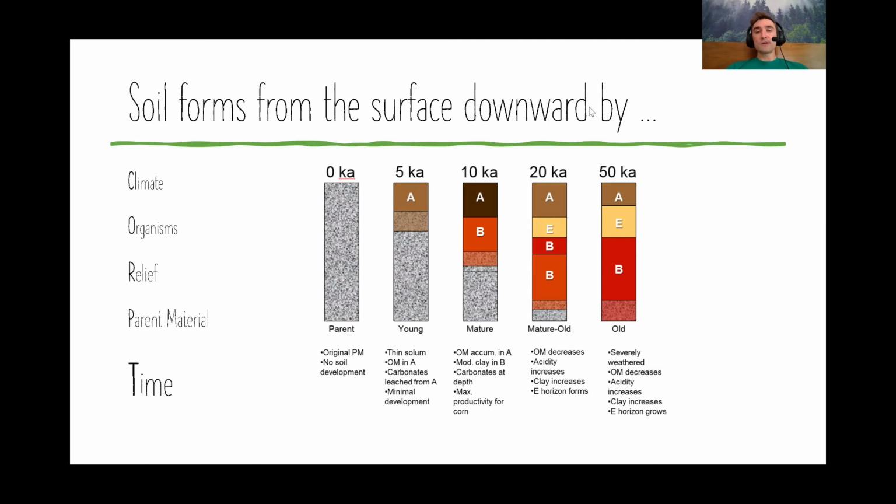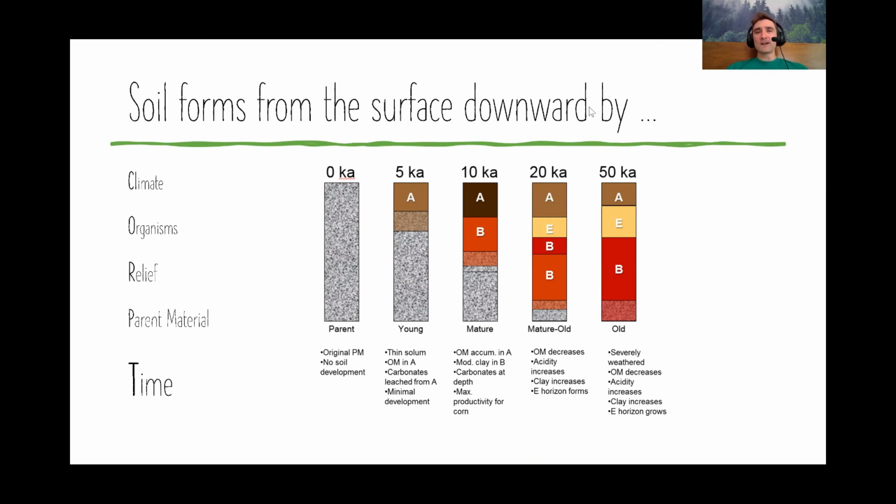A mature soil will have a very distinct A and B horizon. And so the A will have an accumulation of organic matter. That's, of course, our topsoil. And this is actually our most productive soil for growing plants, because it's old enough to have enough substrate and material, but it's not so old that it's been weathered and leached of all of its minerals yet.